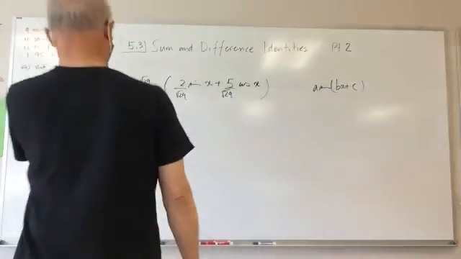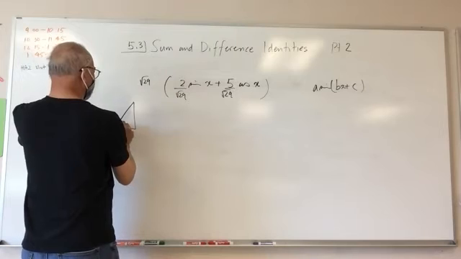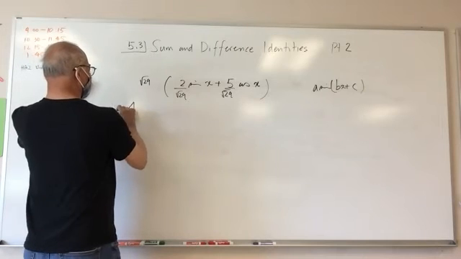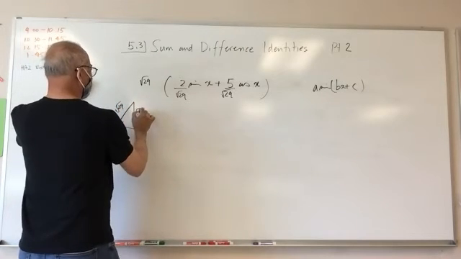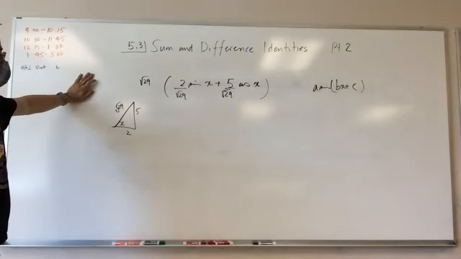This is 5 over square root 29. That's a hypotenuse, right? Square root 29, 5, 2. What are we trying to get here? Express it as a sinusoid.